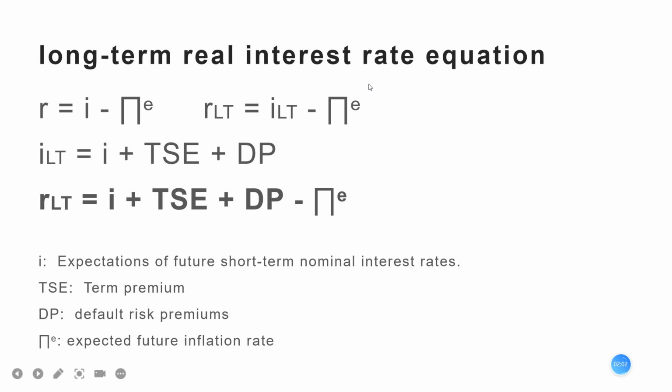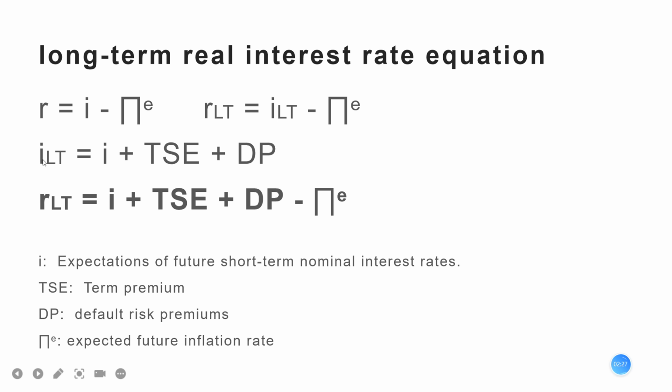And then we can talk about the long-term real interest rate equation. The real interest rate equals i plus pi e. So the long-term real interest rate equals long-term i minus pi e.